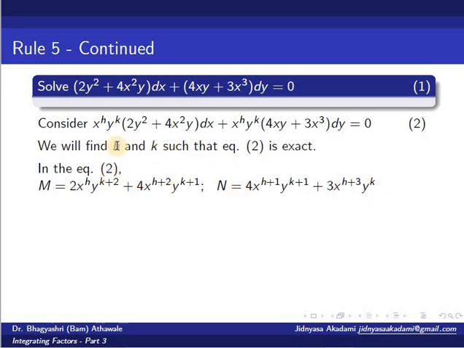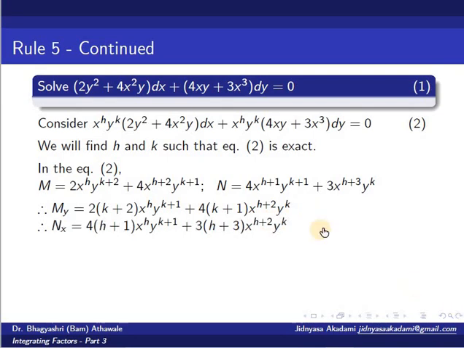We are going to find h and k such that this differential equation is exact, meaning ∂M/∂y is equal to ∂N/∂x. So let us calculate ∂M/∂y and ∂N/∂x. ∂M/∂y is 2 into k plus 2 into x raised to h y raised to k plus 1, differentiating with respect to y, plus 4 into k plus 1 into x raised to h plus 2 y raised to k.